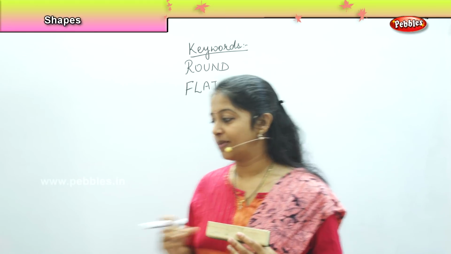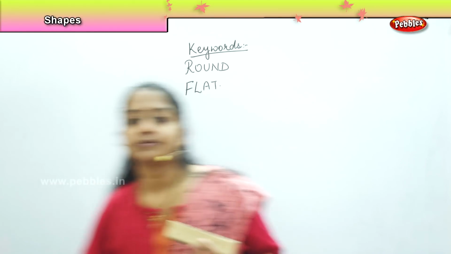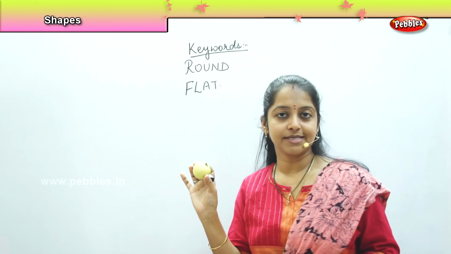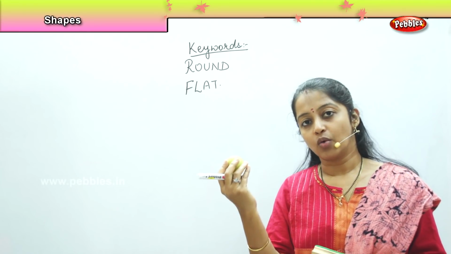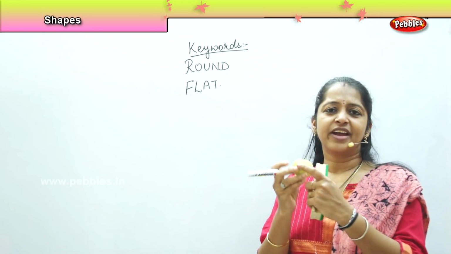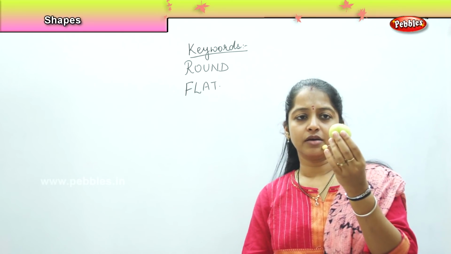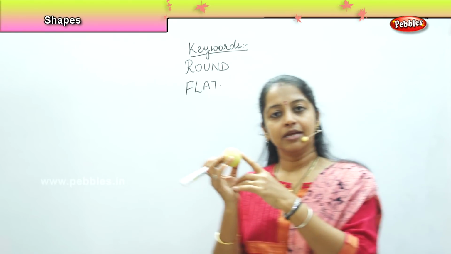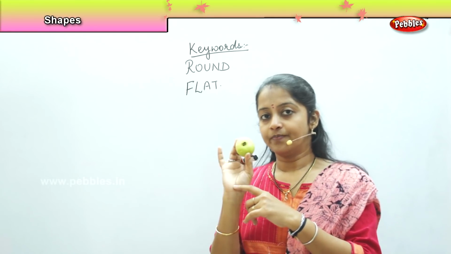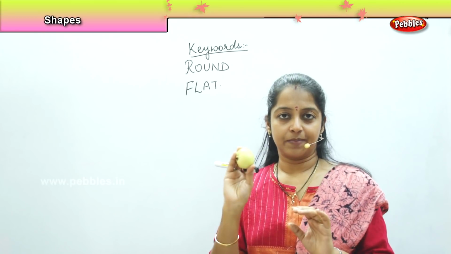As I showed you the picture, what was this? This is a fruit. It's a guava fruit which is round in shape, right? Can you find any edge or any corner here? No, we cannot find any edge or corner. It is round in shape, right?